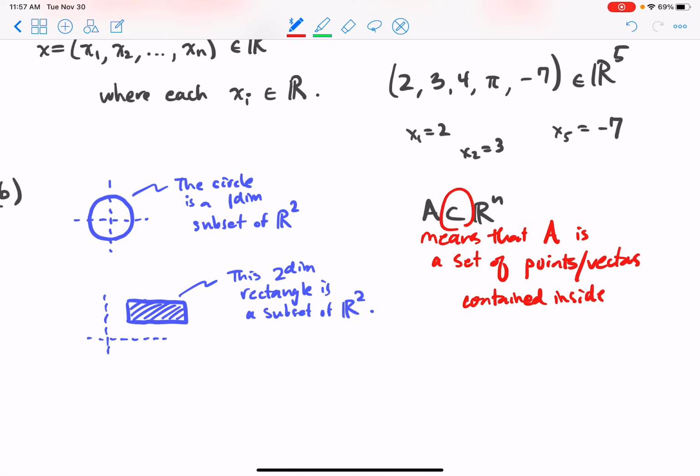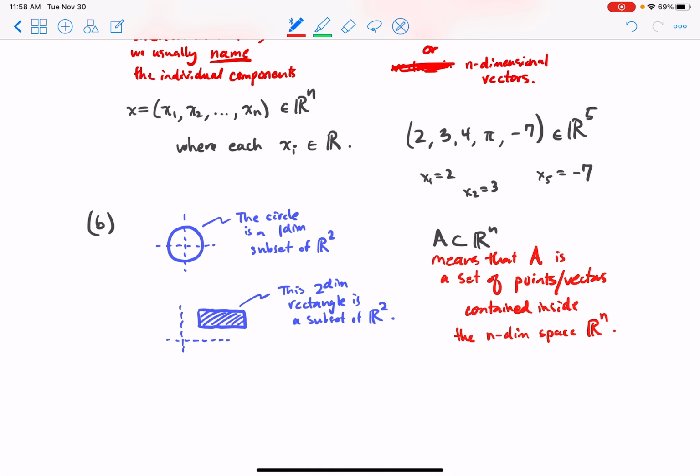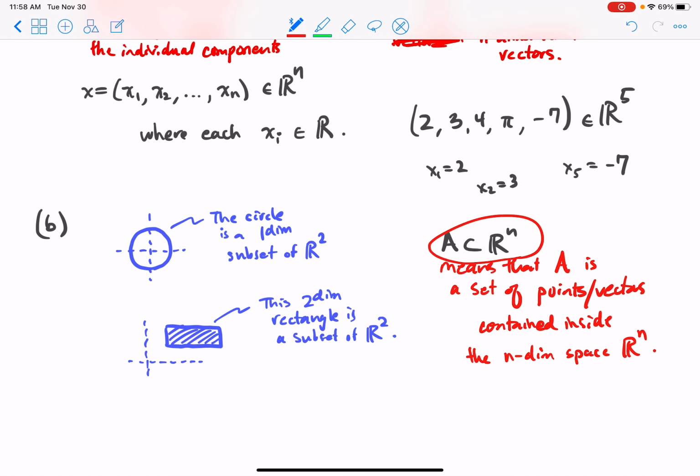That's what this symbol means. It means subset of, or contained inside, the n-dimensional space. That's it. It just is a shorthand notation for writing that, if we're talking about this set A, maybe it's this rectangle, well, it lives in R2. That's all.